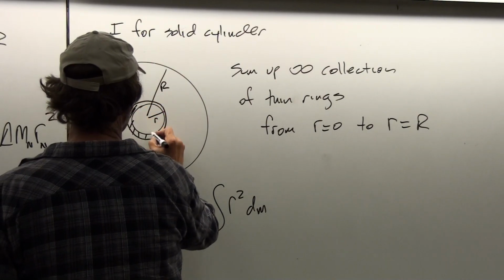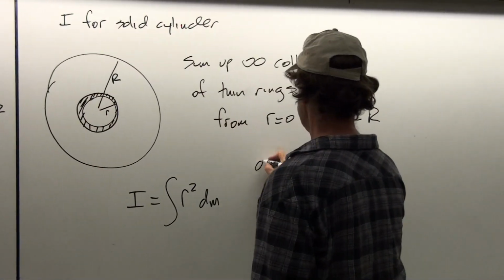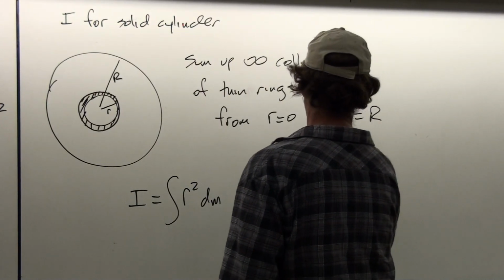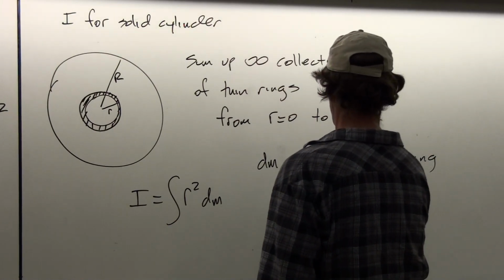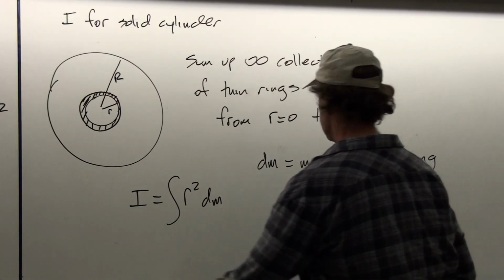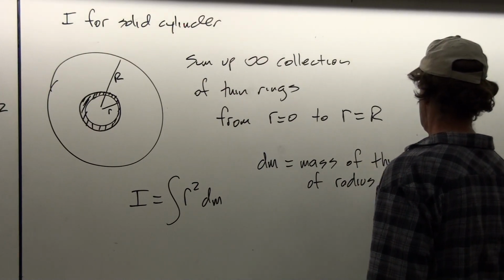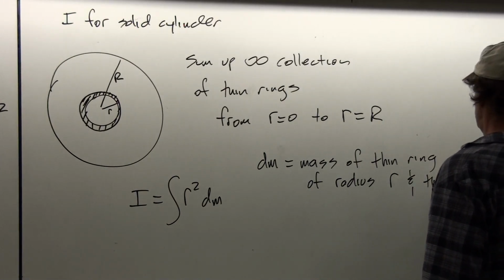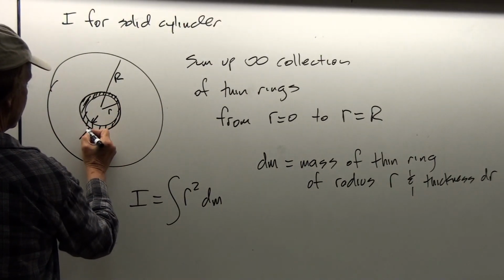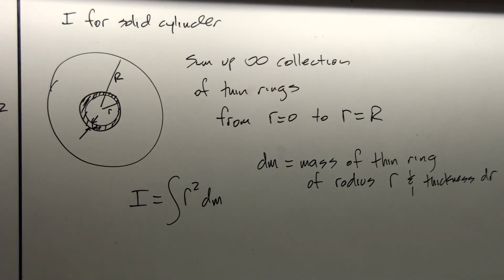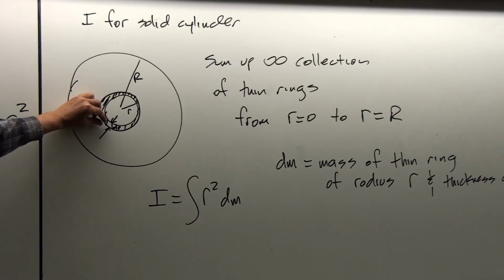This dm is going to be the mass of a thin ring that has a thickness dr. So this is going to have a radius little r and a thickness dr. Okay, so although I'm giving actual thickness here to this ring, what I'm really talking about is something that is an infinitesimal quantity and has a vanishing small amount of radius associated with it.